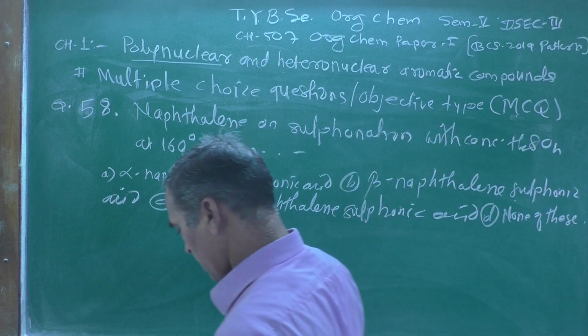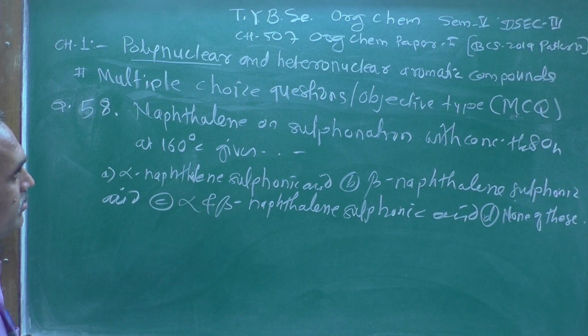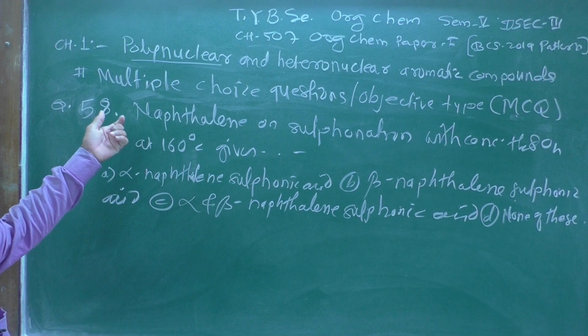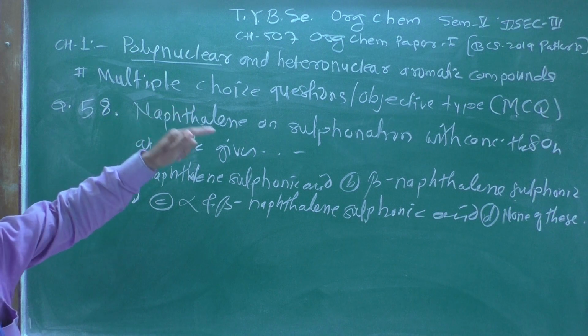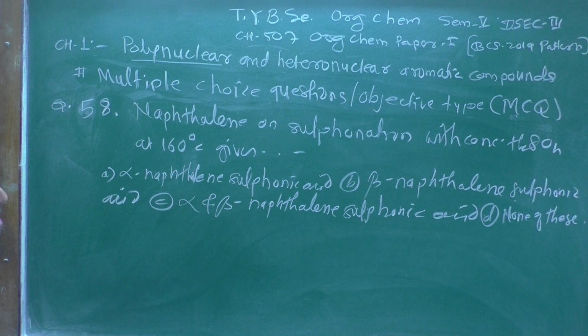These are the options given. Now read the question carefully. Naphthalene on sulfonation with concentrated H2SO4 at 160 degrees gives dash.